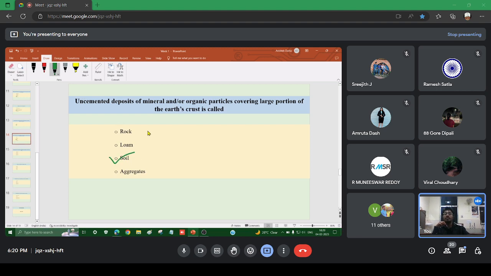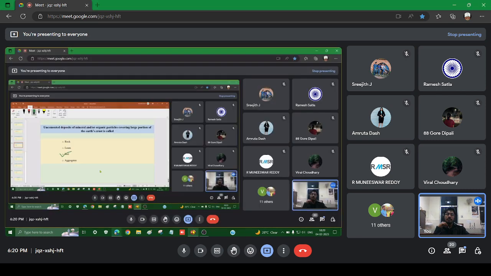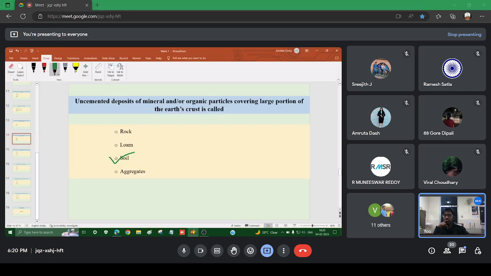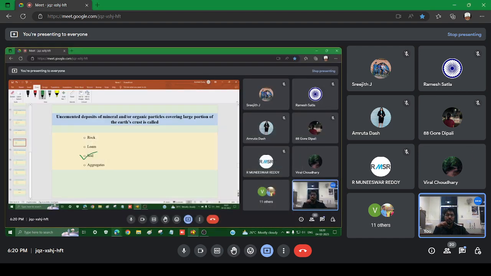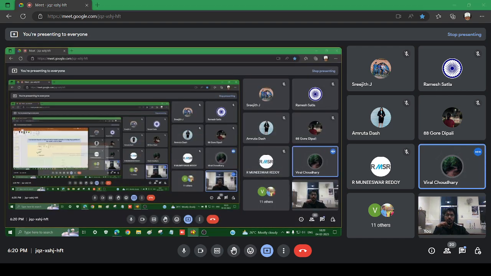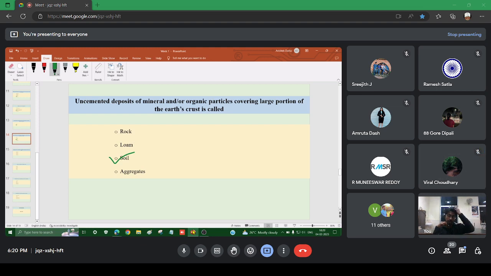And now I'll just go on with the options. Rock. Then what is rock? Anyone? What is rock? Source of soil. No, I'm not talking about what it is the source of. I'm asking about what it actually is.